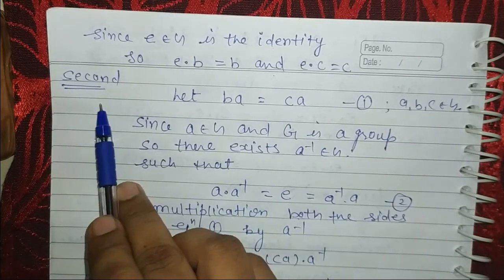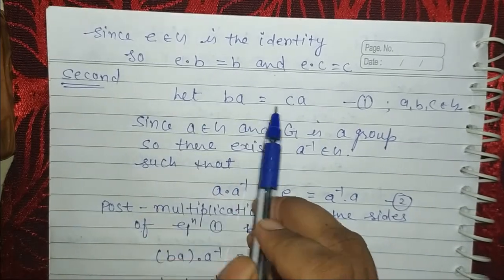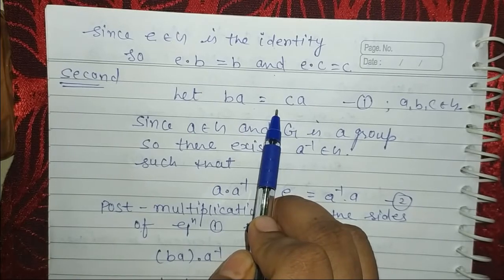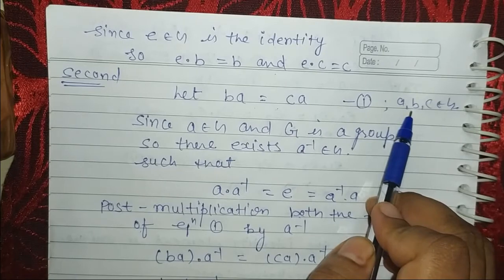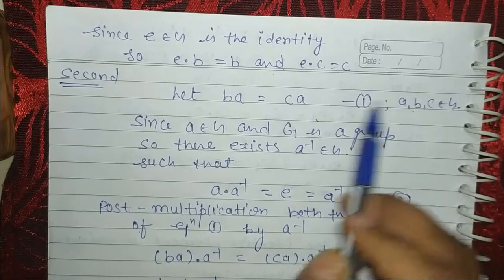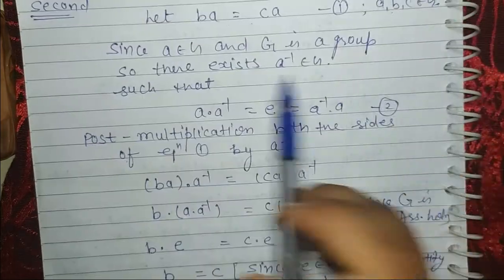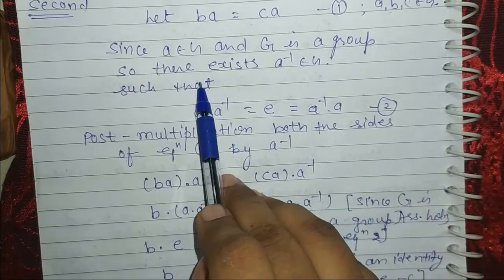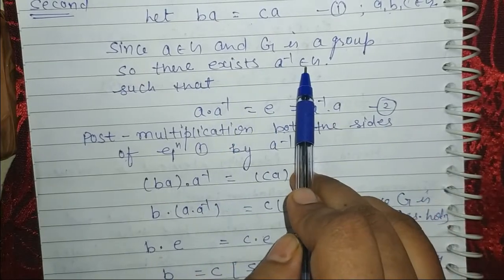Now the second condition: let BA be equal to CA. This is the right cancellation law for all elements A, B, C belonging to the group G. If A belongs to the group, it means the inverse of A also exists.